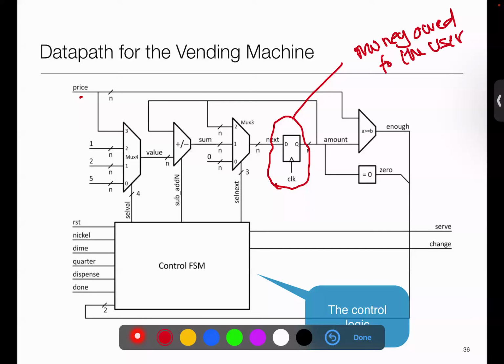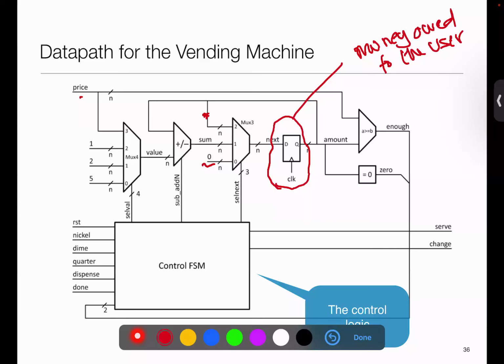Now, we have broadly three things happening. One is upon reset, we have to set it to 0. So that's this case. Second is if nothing is happening, we stay put. So this is stationary.